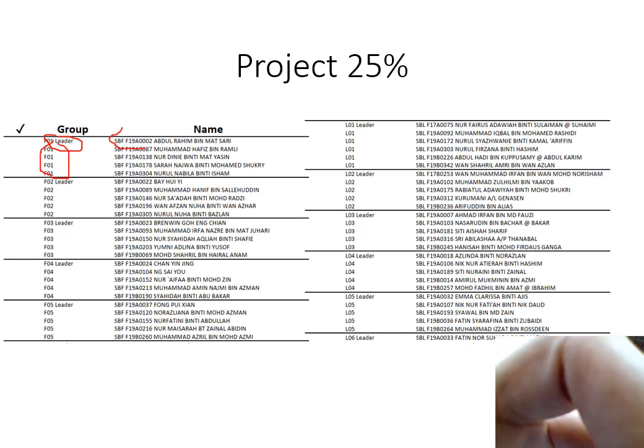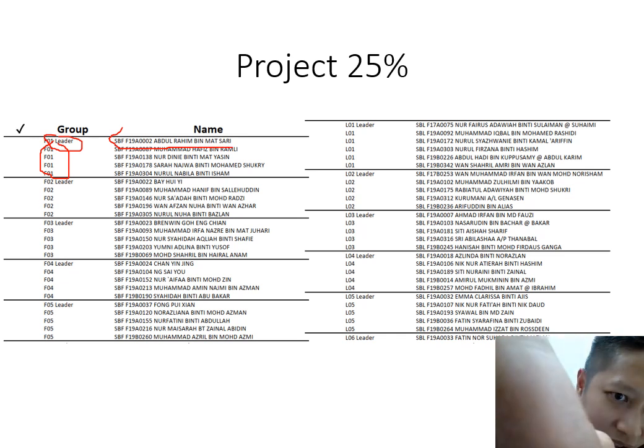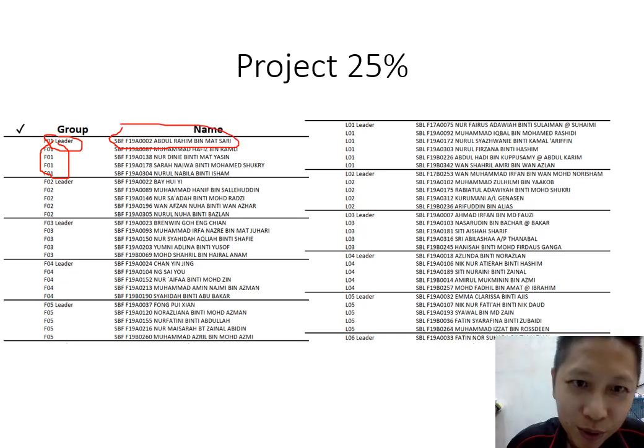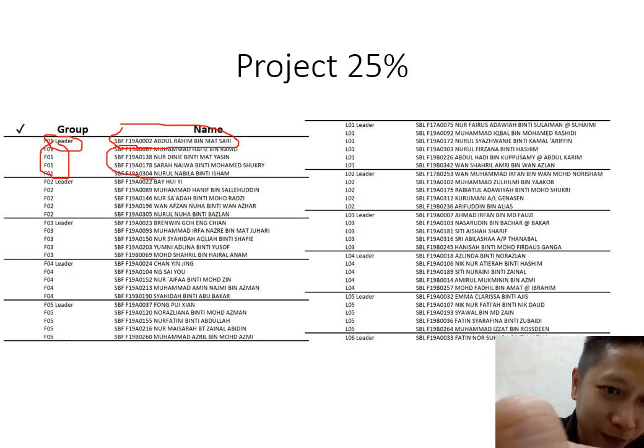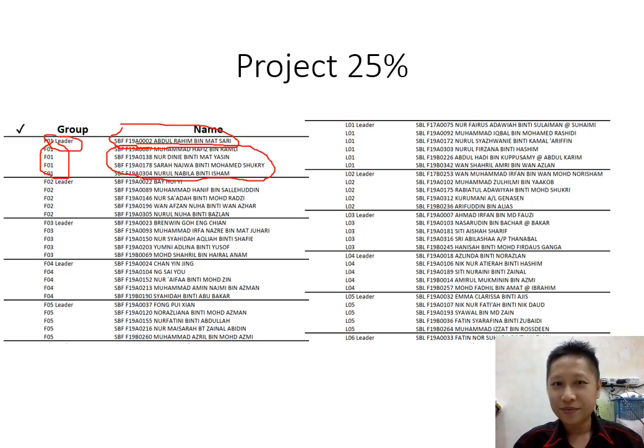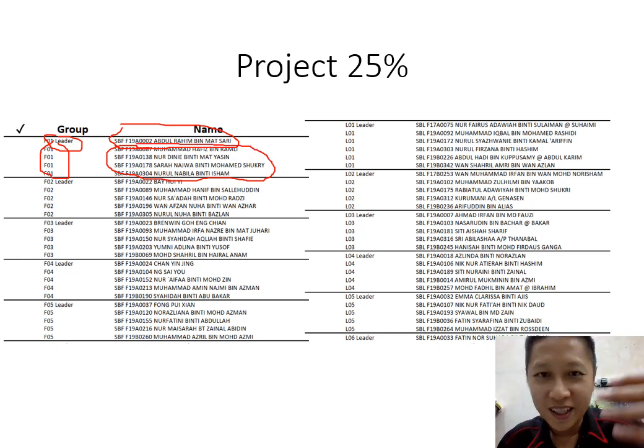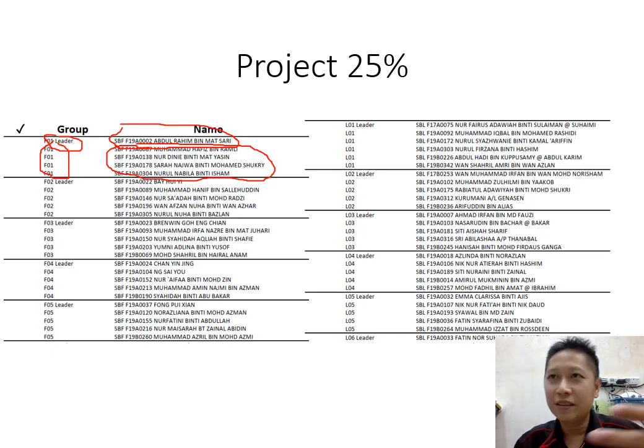The leader for group F01 is who? Abdul Rahim. Abdul Rahim, are you here today? And then you have your 4 members who are going to support the whole group here. You can get the team members inside the PDF. Later on, I'll show where you can access the PDF.